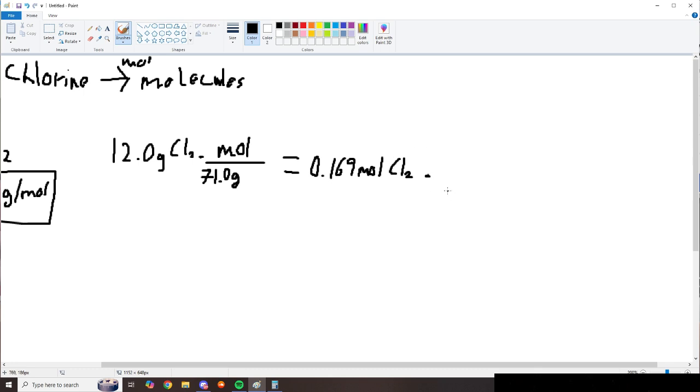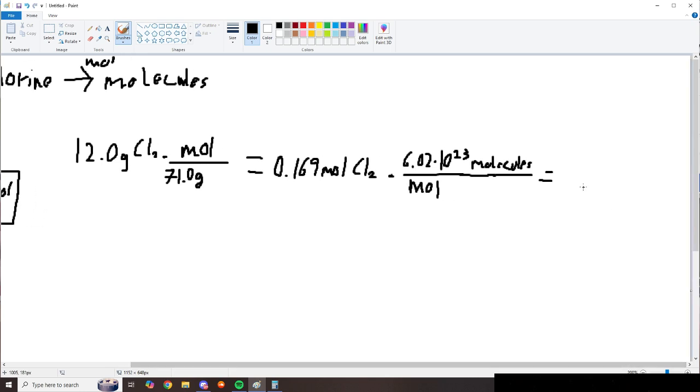We're going to set up our equation, moles on the bottom, of course, and of course, 6.02 times 10 to the 23rd power molecules. And then this will get us finally our final answer.